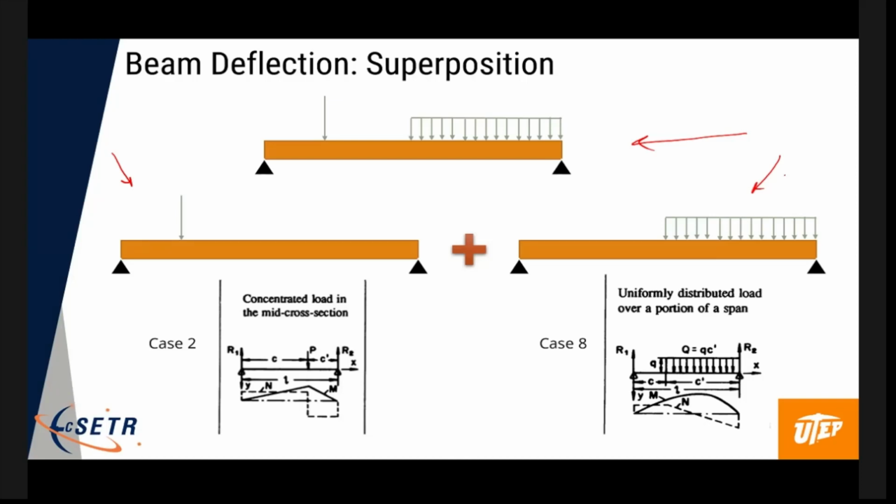So we could get deflections from this case and this case separately. And because these are linear systems, we can invoke superposition and just add those two together. You could compute the deflection from this beam loading case and then the deflection from this beam loading case and just add them together. That would give you the solution.